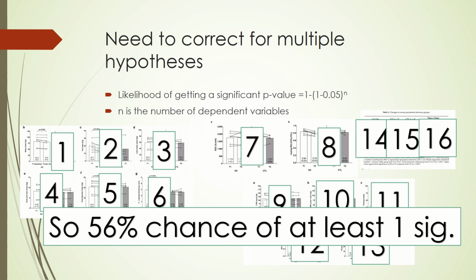So if they don't do this correction, to the nth power of how many dependent variables they have, then the likelihood of them getting something statistically significant that is not actually real, that it's just random error, goes up a lot. So basically, they want more things in there that could possibly go wrong to prove that it's statistically correct.